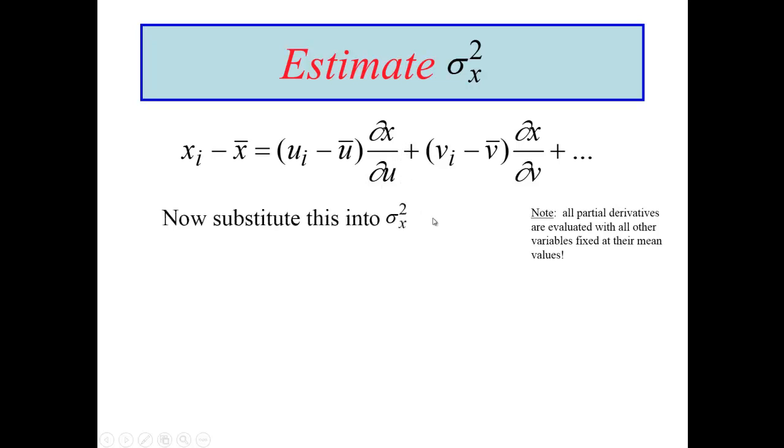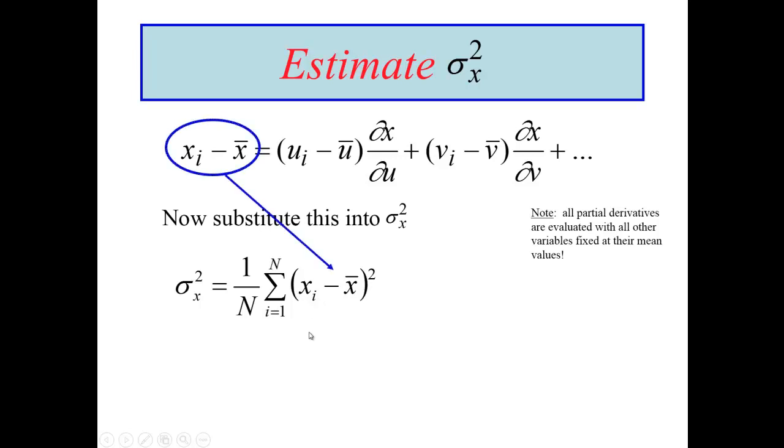So now we're going to take this expression, this Taylor series expansion, which is only exact in the limit of an infinite number of terms, and we're going to substitute that into the expression for the variance in x. So we will take that expansion and plug it in here in the summation of all values from 1 to n.